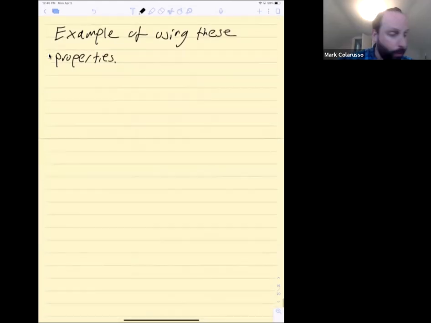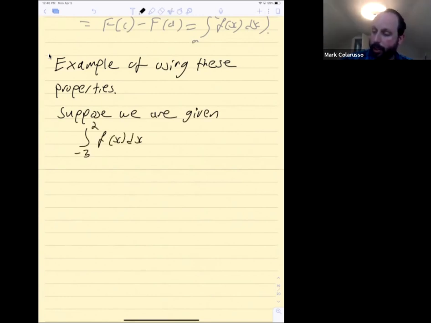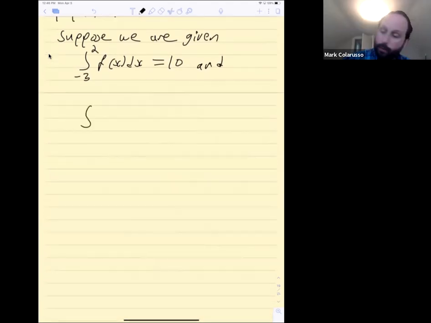Okay, so suppose we're given that the integral from -3 to 2 of f(x) dx is equal to 10, and that the integral from -3 to 6 of f(x) dx is equal to 15.